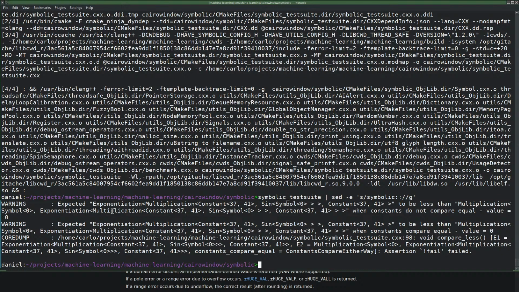The reason being that any exponentiation is less than any multiplication.